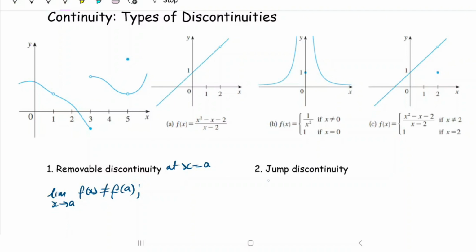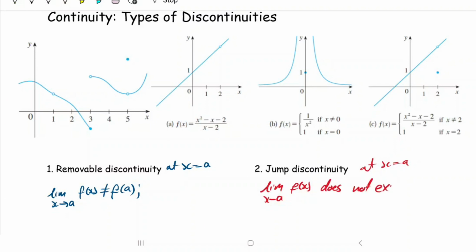The second type we've got is called a jump discontinuity. All of this is happening at x equals a. A jump discontinuity occurs where the limit as x tends to a of f of x does not exist.